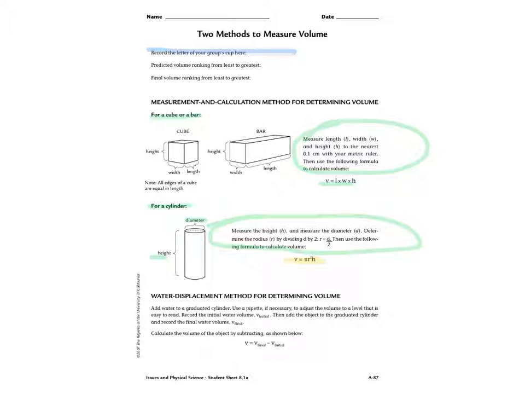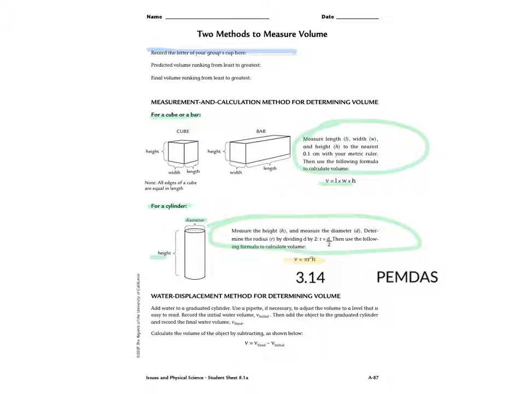Okay, so for a cylinder, the volume equals pi, which if you didn't know, pi is 3.14. That's what we will use in science in this class. Times the radius squared times the height. Now remember, since it's the radius squared, in order of operations, remember we talk about please excuse my dear Aunt Sally or PEMDAS.